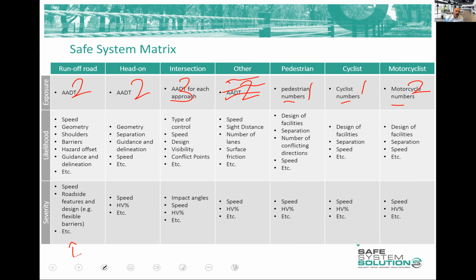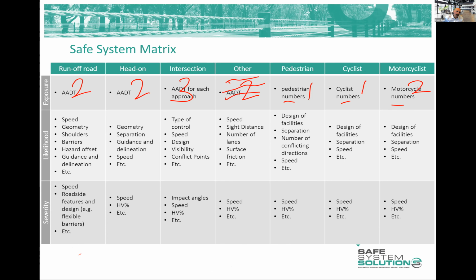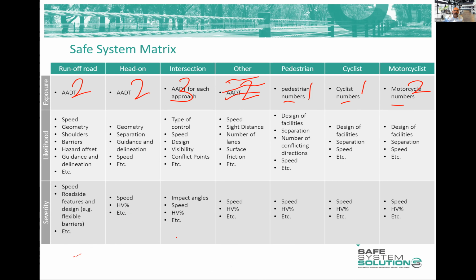Let's move on to likelihood of crash. We've established some numbers for the exposure to crash based on our AADT and number of pedestrians, number of cyclists. Now we go to likelihood. This group is particularly good at likelihood, I decided after reviewing some of your assignments.